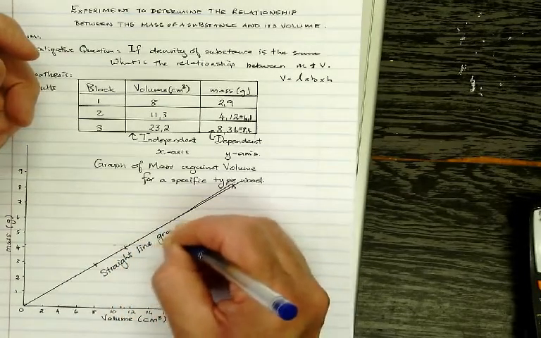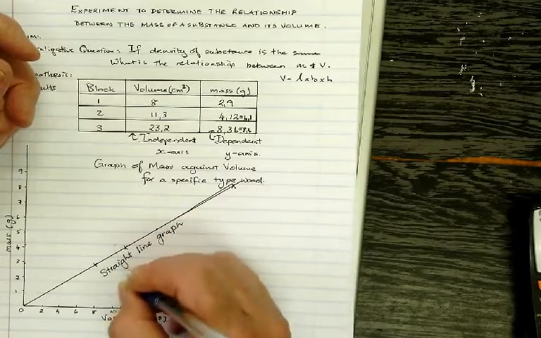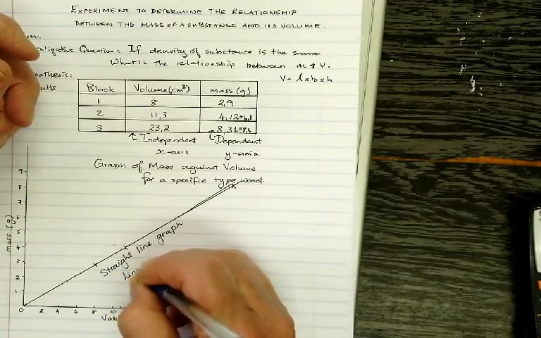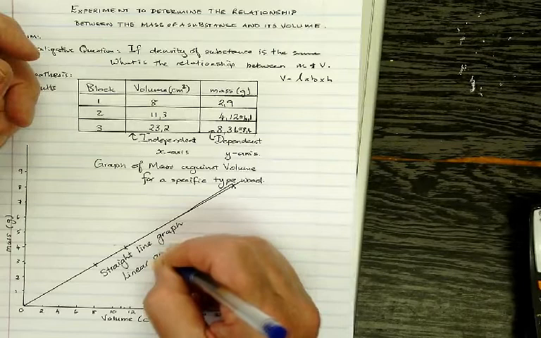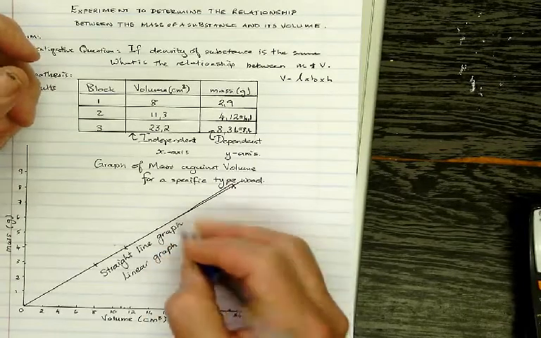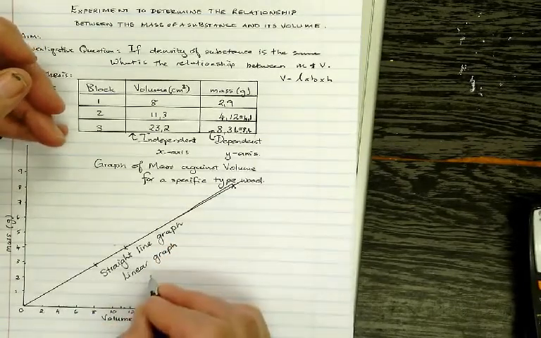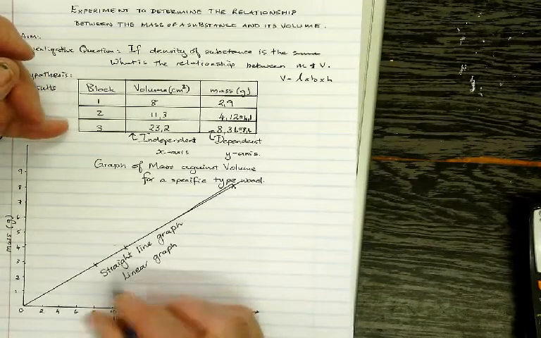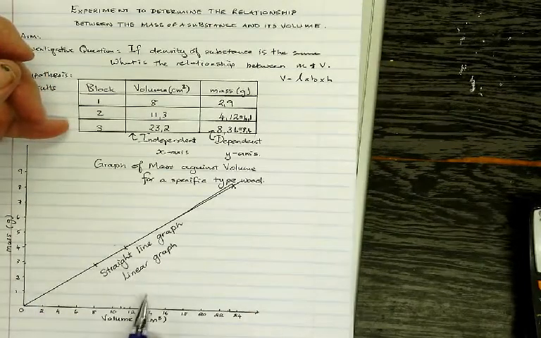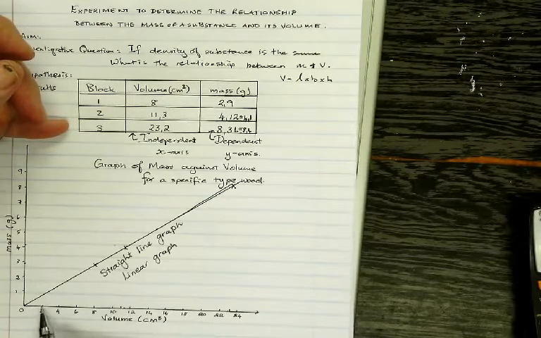In maths we would say it is a linear graph. And this linear graph tells you something about the relationship between mass and volume. If I would double up on the volume, the mass would double up.